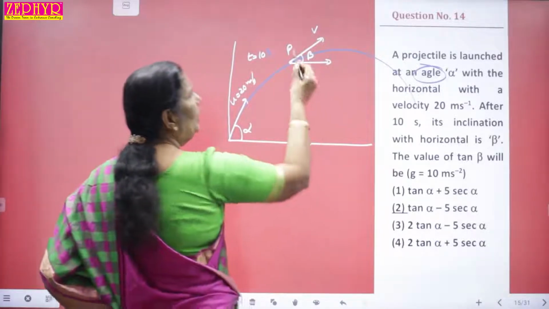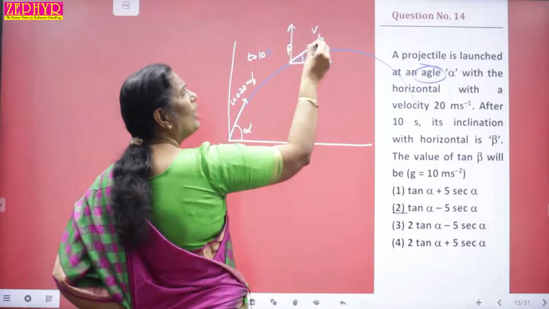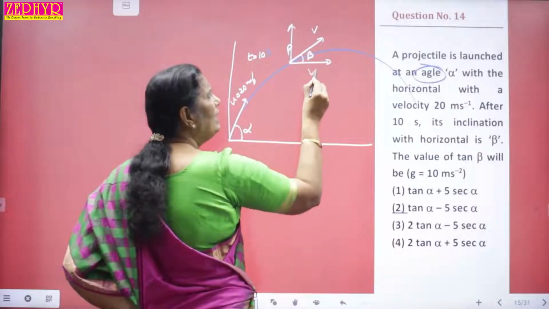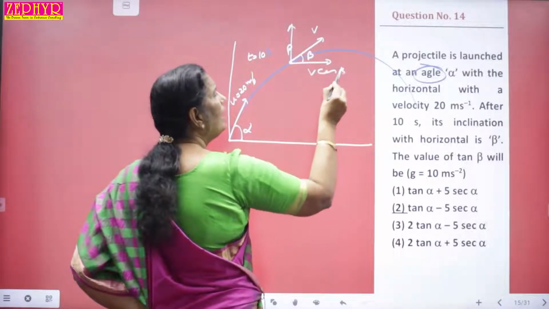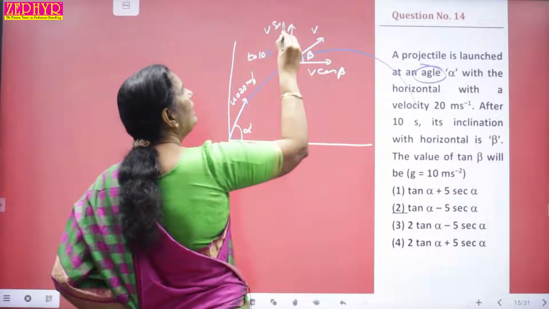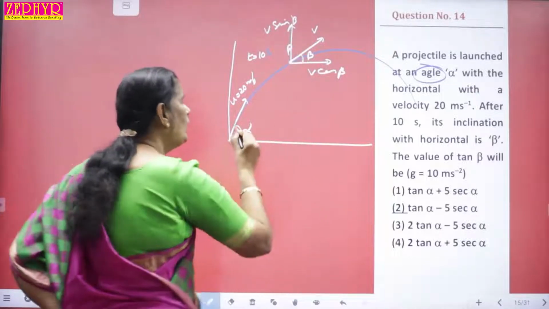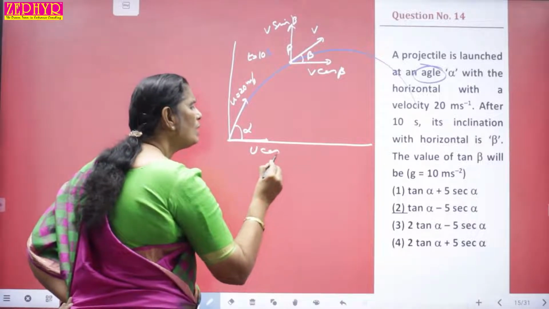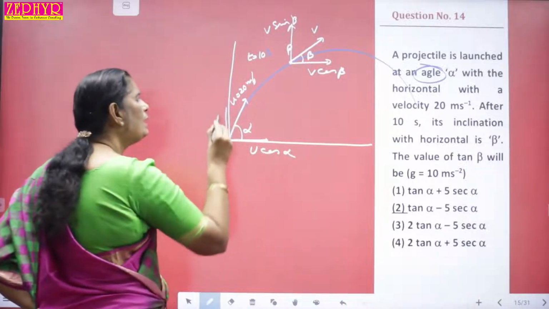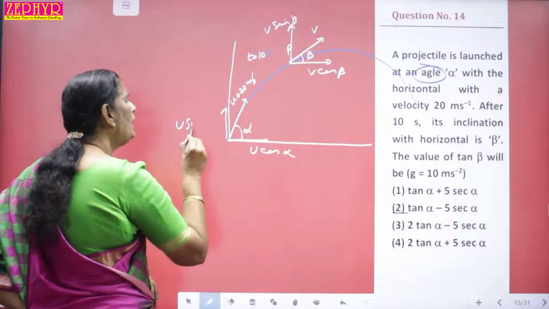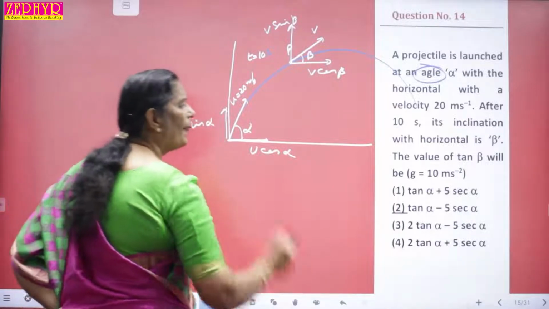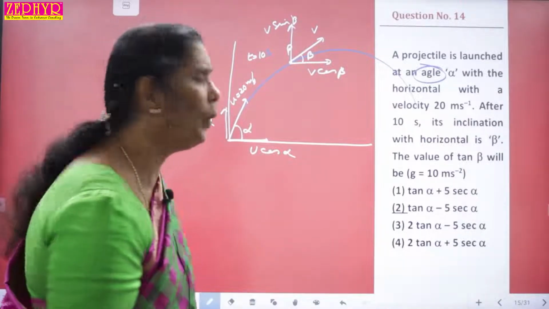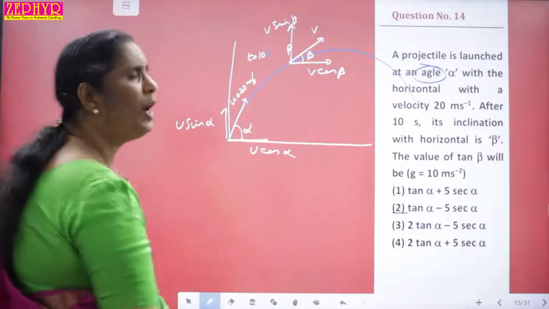Very simple. Go for the components. Resolve V. So here it is V cos beta, here it is V sin beta. Here it is U cos alpha, here it will be U sin alpha. We can substitute the value of u afterwards also.